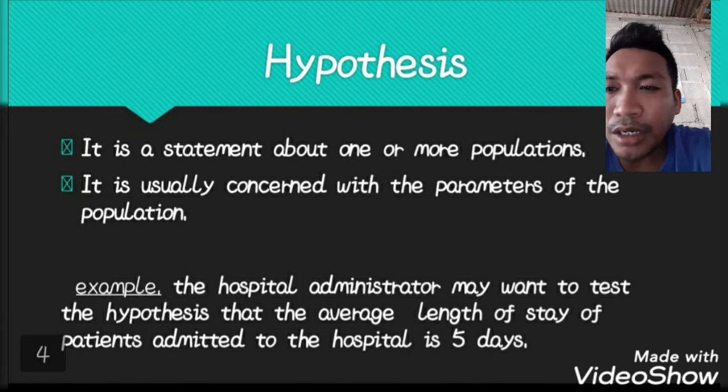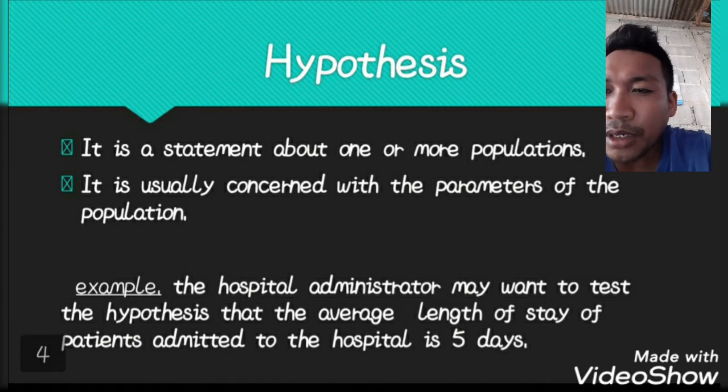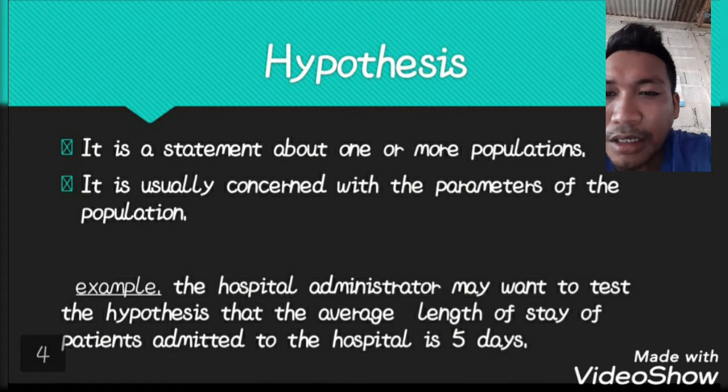Later on, we were introduced to newer concepts according to statisticians. Hypothesis is a statement about one or more populations. It not only involves a single or simple sample but a population.